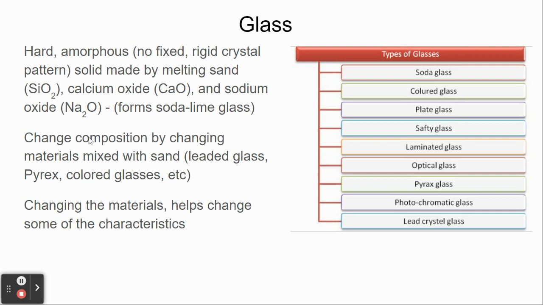So again, changing materials is going to change the characteristics that it's going to have. So again, you're going to end up with whatever it is that we want as an end product. Okay. However, when we look at glass, there are several properties, or at least a couple properties that we're going to look at that are going to be fairly consistent.